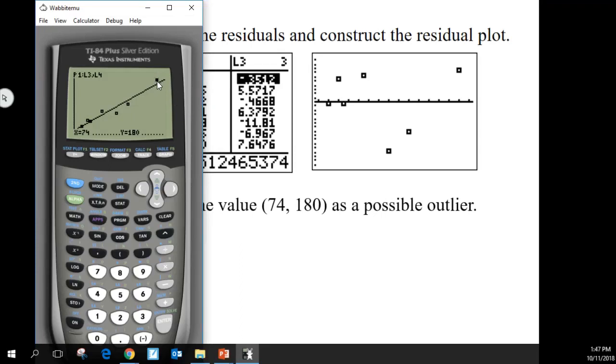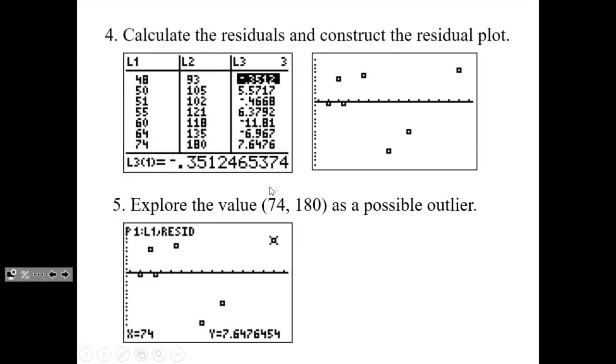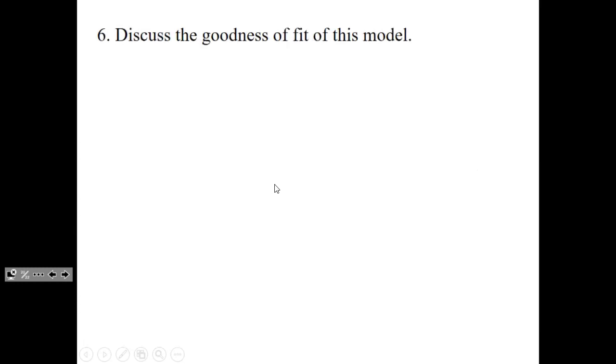It doesn't look like it's that far from the line compared to the others, so I don't think I'd call that one an outlier. We found it each way. It doesn't look like 74 is that far from the line. It doesn't look like it's really an outlier. In fact, if it wasn't there, my line of best fit might be the exact same still. It doesn't look like it's having that much of an effect on it. Right. So let's see what else we can do.